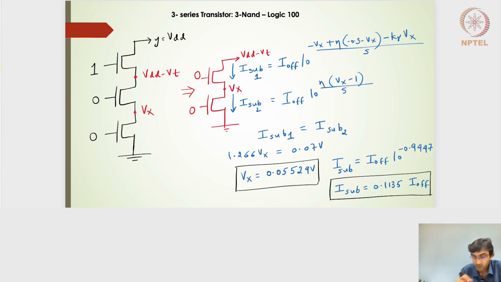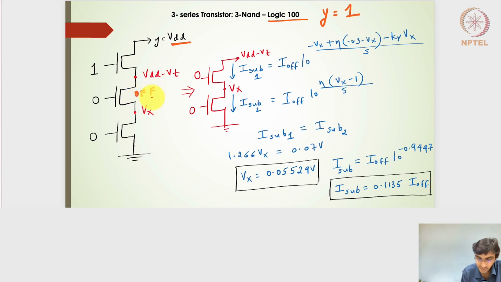Moving ahead. What if I have a logic of 1, 0, 0? Again, if the logic is 1, 0, 0, the output will be 1. That means that the pull-up part of this 3-input NAND gate will be active and will be driving this output node voltage to VDD. So if I have 1, 0, 0 here, these are off transistors.